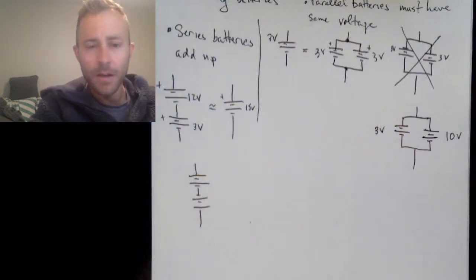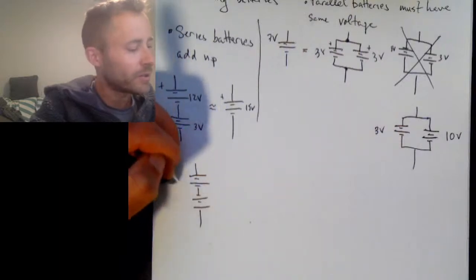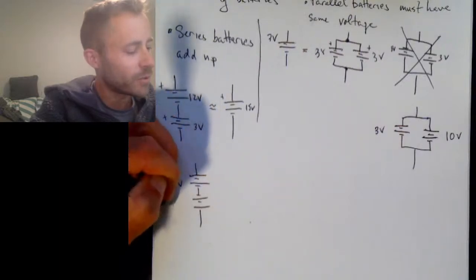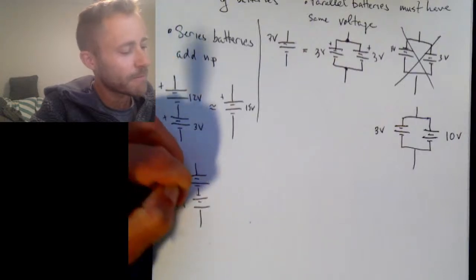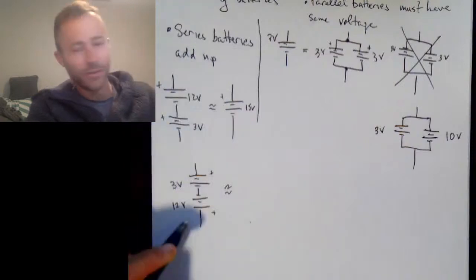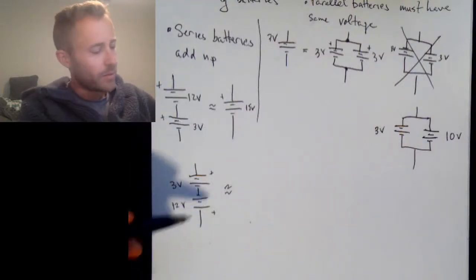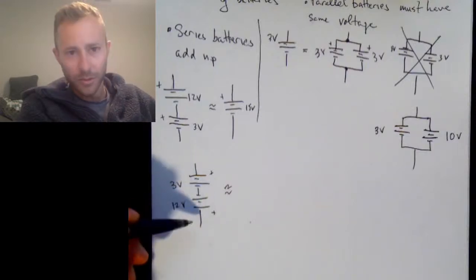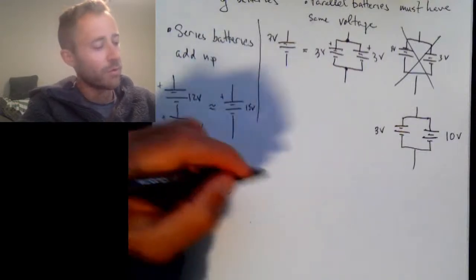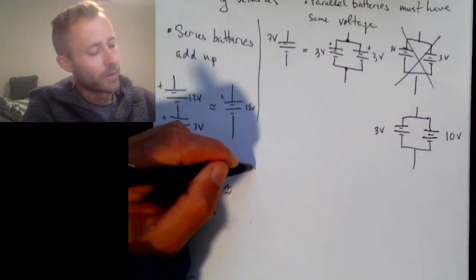So you're connecting the negative terminal of a battery to the negative terminal of a battery. Let's say this is 3 volts and this is 12 volts. Because the 12-volt is bigger than 3, its positive terminal is going to be the positive terminal of the overall thing.